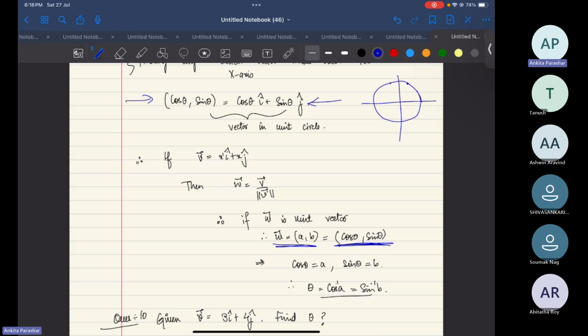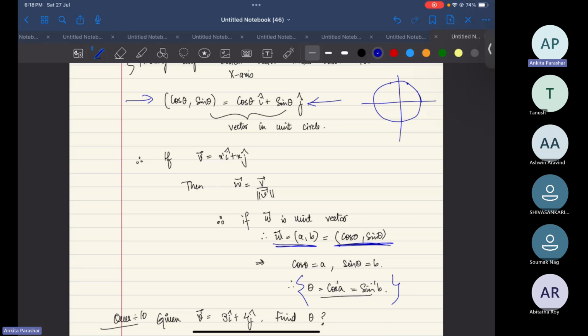And this will in turn tell you that you can compare and get theta from here, and get back your angle. So the idea is, suppose any vector is given, what would you do? You first make a unit vector out of that. You compare that vector with (cos theta, sin theta) and then find your theta, which will in turn tell you the angle between the vector and the x-axis.